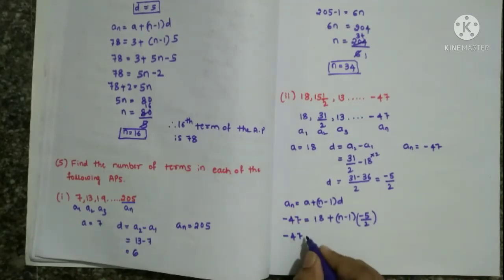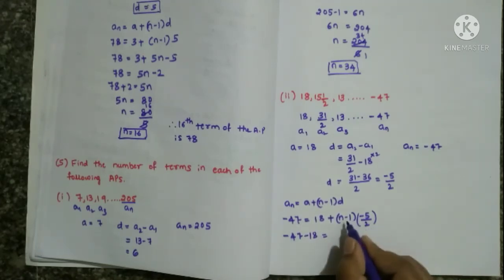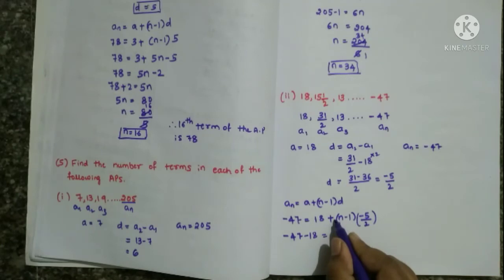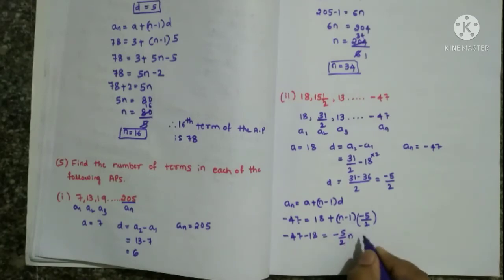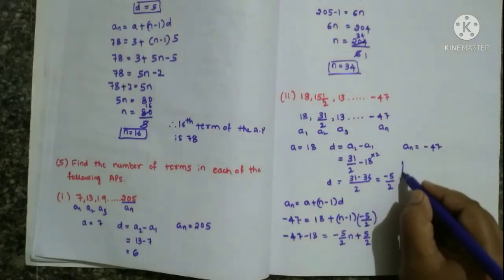If I transfer left side means it will become minus 18 is equal to, here you see, I'll multiply inside the bracket. Here plus is there, plus into minus is minus 5 by 2 n. This minus into minus will become plus 5 by 2. Okay, here I will solve it now.